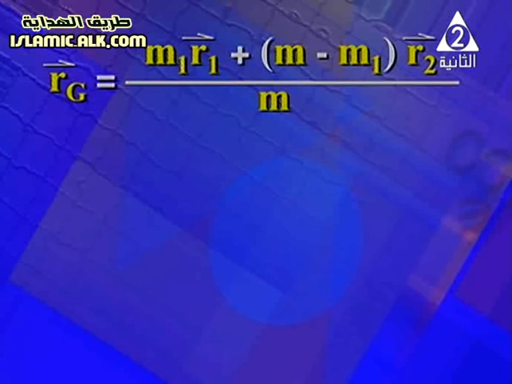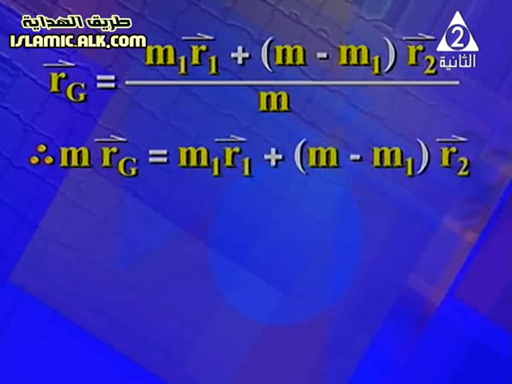Remember, dear student, m minus m1 is the mass of the remaining body times r2 position vector over m. Then by cross multiplication, m times rg equals m1 r1 plus (m minus m1) r2.